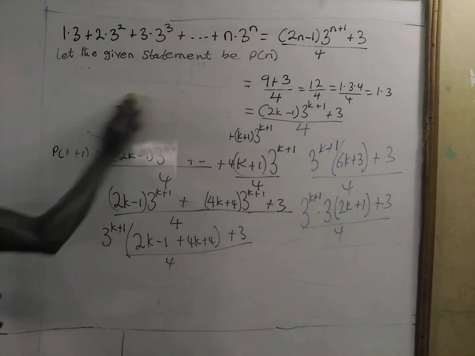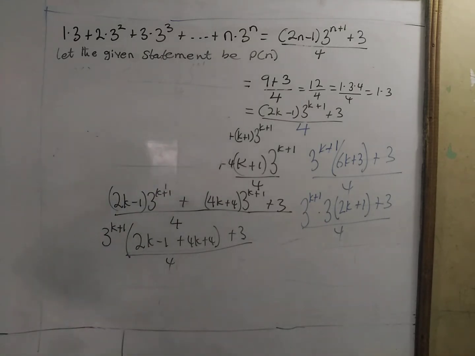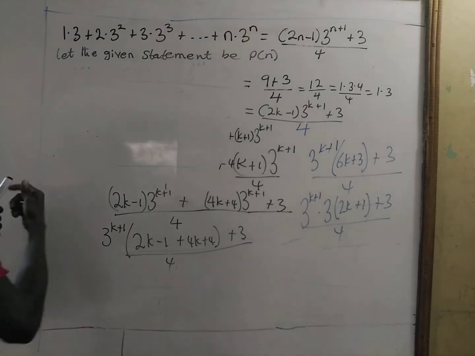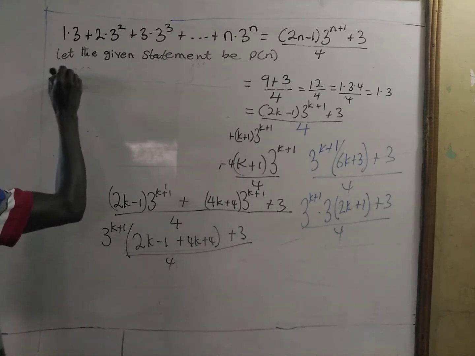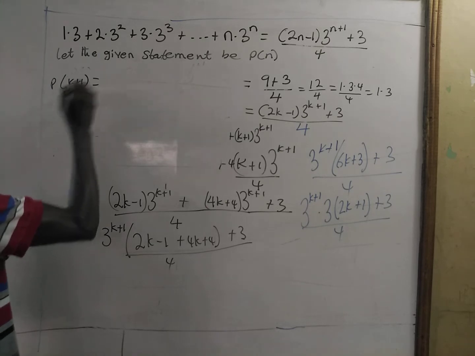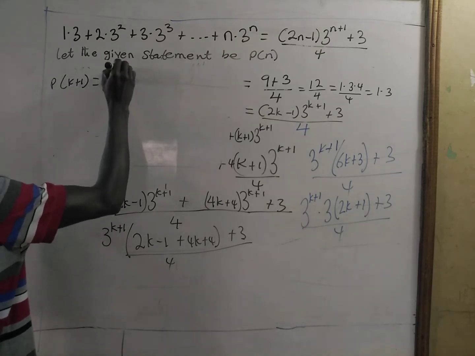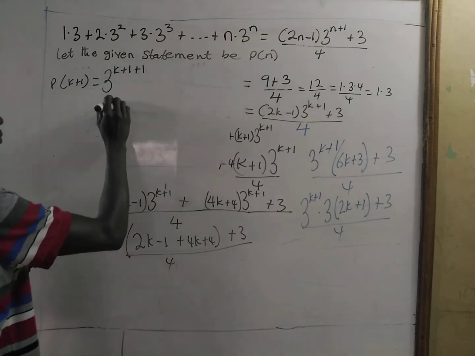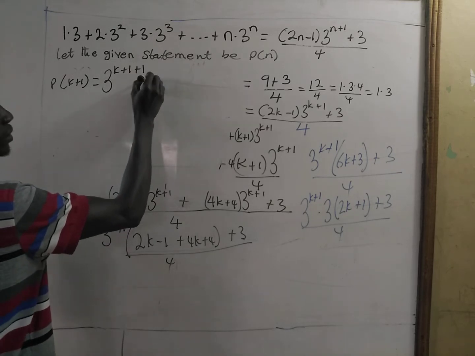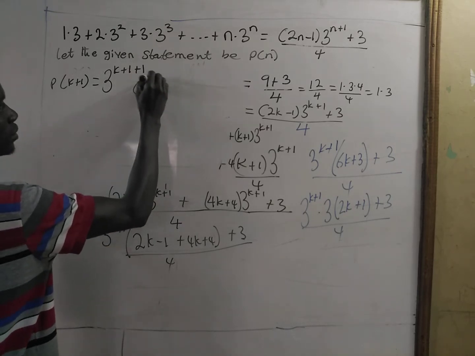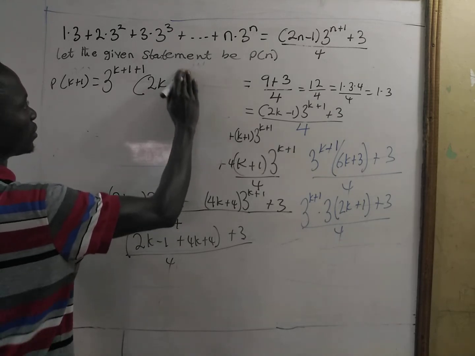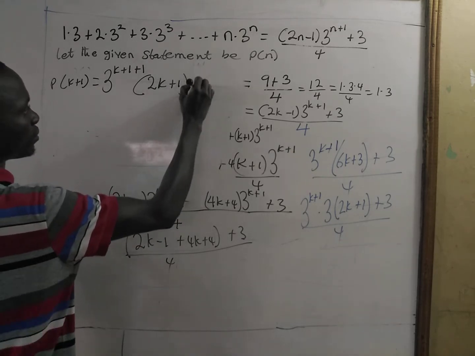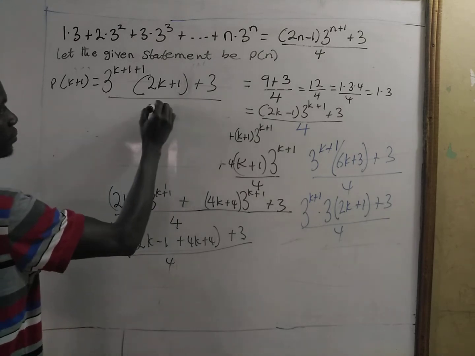Now we have Pk plus 1 equals 3 to the power k plus 1 times 3 times (2k plus 1), plus 3, all divided by 4.